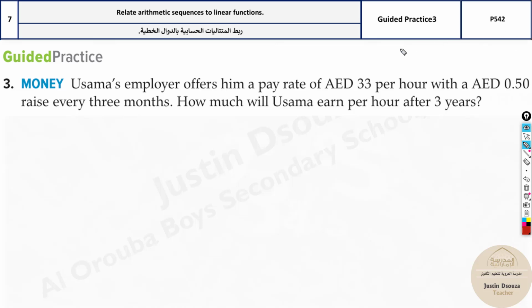Now here, what do you think is term 1? They have told a lot of things. It's increasing every 3 months, so d is 0.5. The after 3 years is what you need to solve. So you need to see how many 3 months there are in 3 years. For each 3 months, there will be a jump. Next will be after 6 months, 12 months.